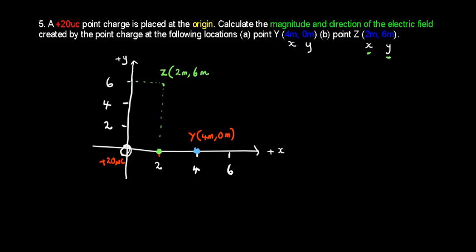So it says calculate the magnitude and direction of the electric field created by the point charge at the following locations. Let's first of all calculate the magnitude of the electric field at point Y. Let's do that and see.